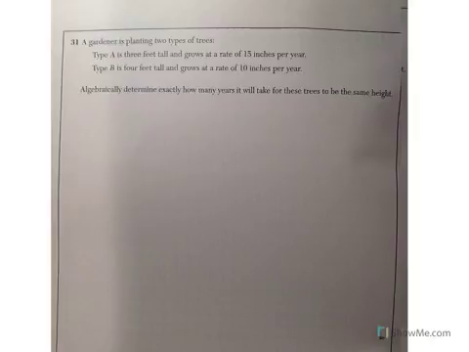This is a little tricky because if you notice it says 3 feet, but then it says at a rate of 15 inches per year. We need to make sure that the units match up. So 3 feet is the same as 36 inches because there are 12 inches in 1 foot.